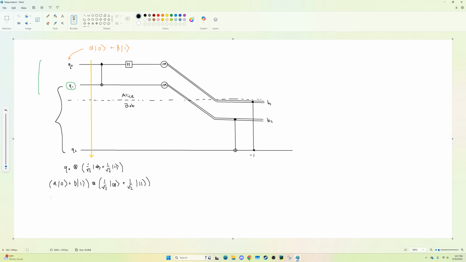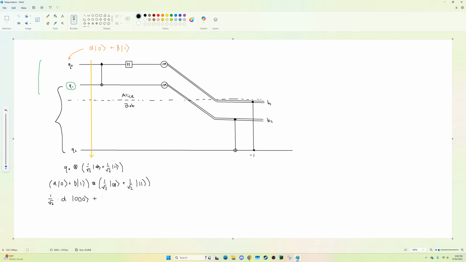So we'll have 1 over square root of 2 times alpha times 0 tensored with 0, 0. And this will just become 0, 0, 0. We know that from earlier. So I'm just going to remove that step and compute it immediately while writing this out.